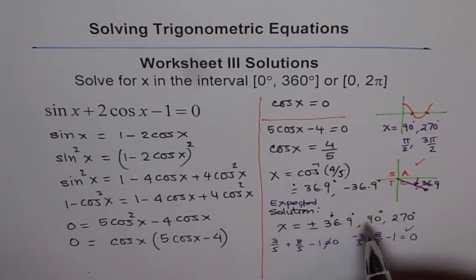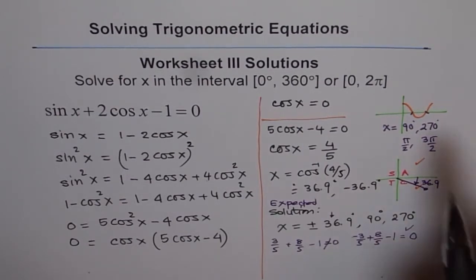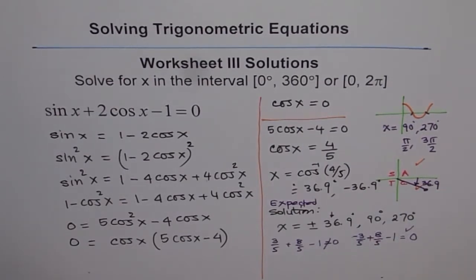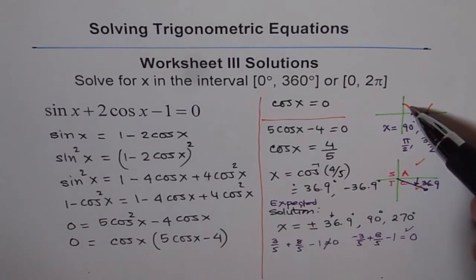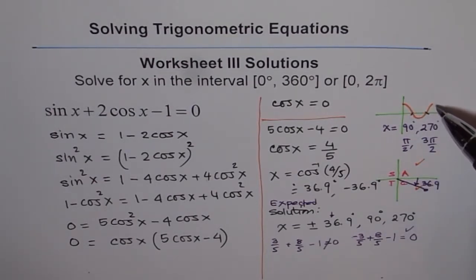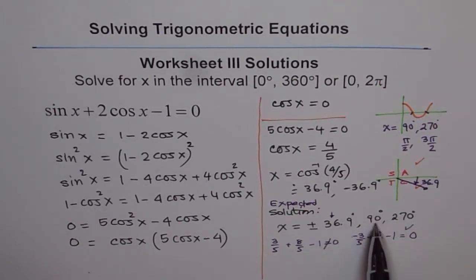Now let's try 90 degrees. You remember the sine graph? The sine graph is 1 at 90 and minus 1 at 270, right? It will go up to the maximum of 1, then it will be at the minimum of minus 1 and then go up again. So sine is 1 at 90 degrees.